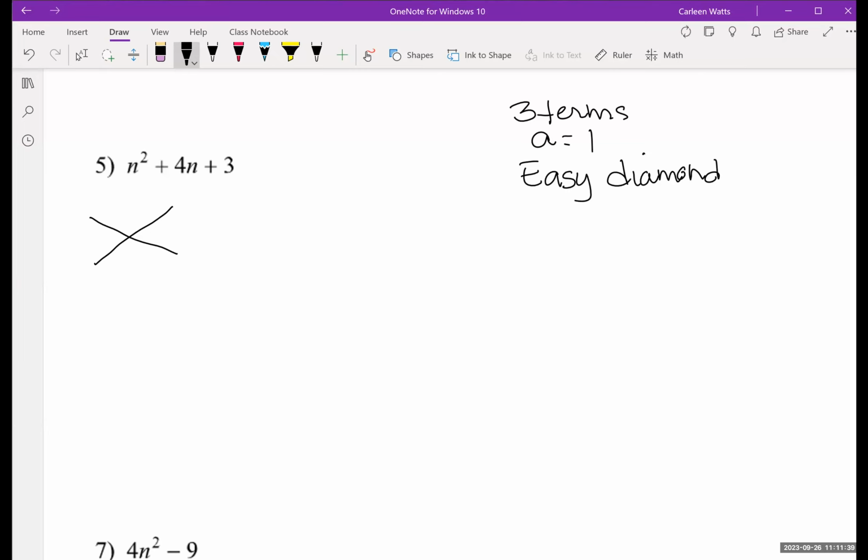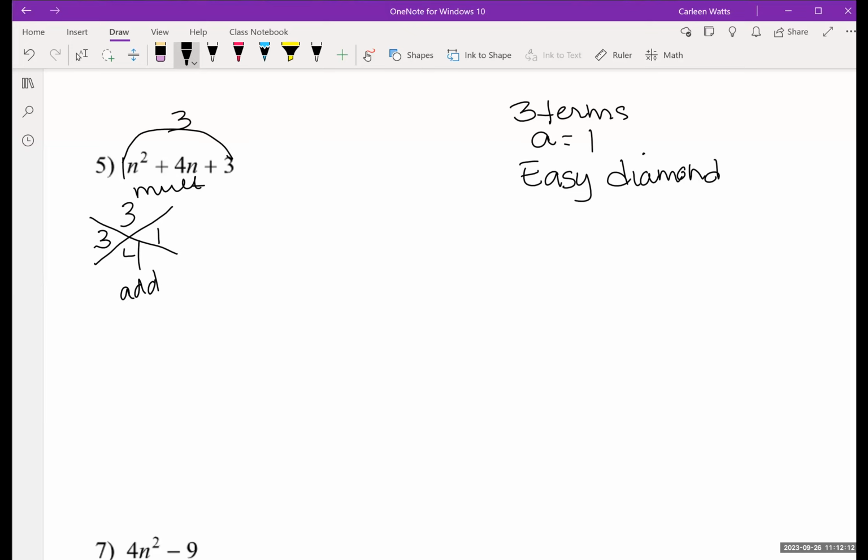It's not like 5n, just n squared. Okay, if I were to do a diamond, 1 times 3 is 3. Can you see that my diamond still looks like that? Yeah, because I'm really multiplying 1 times 3. So I need 2 numbers that multiply to get 3 and add to get 4. That would be 3 and 1.